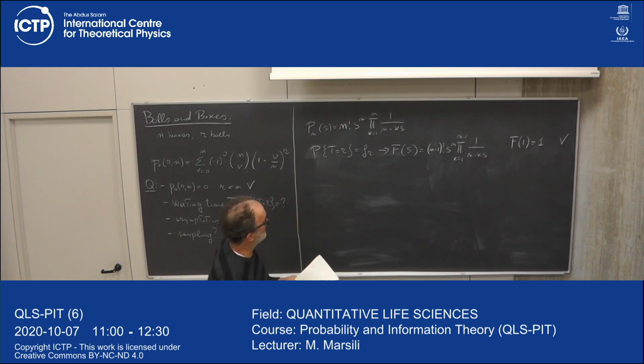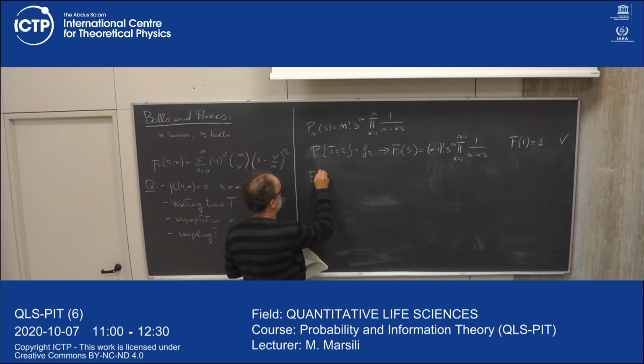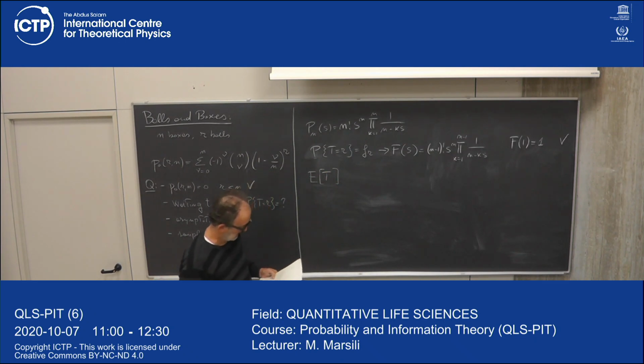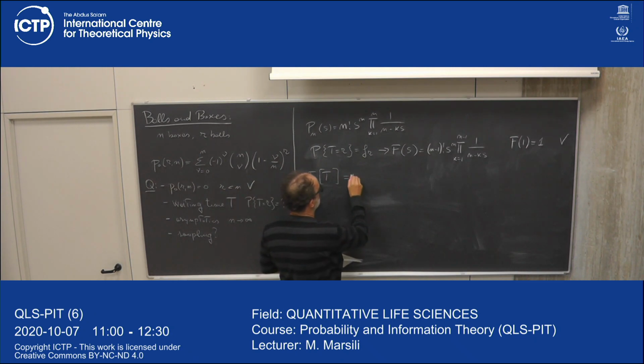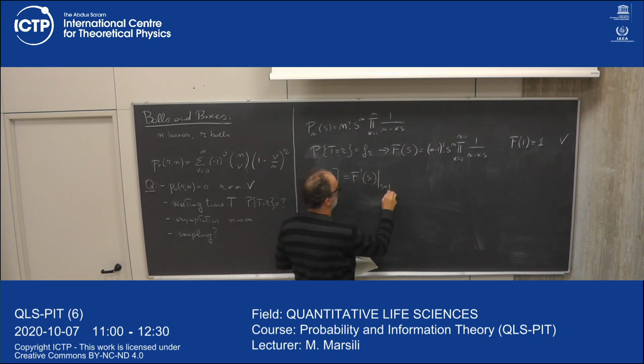Now, once we have the generating function, we can compute the expected value of this waiting time. In order to do this, we know that this is just given by the first derivative of the generating function computed at s equal 1.